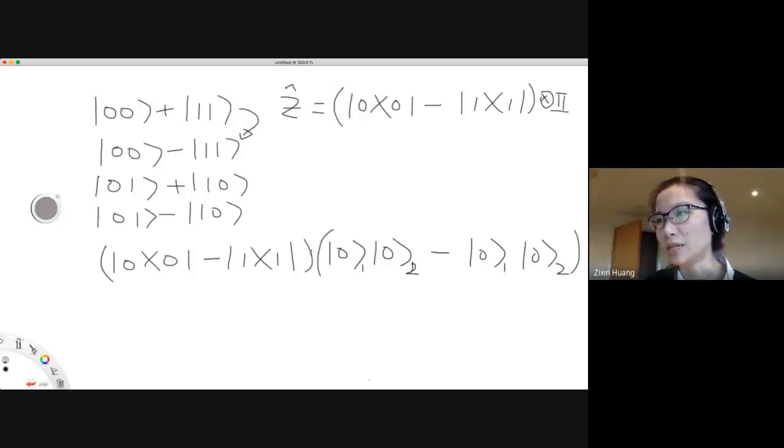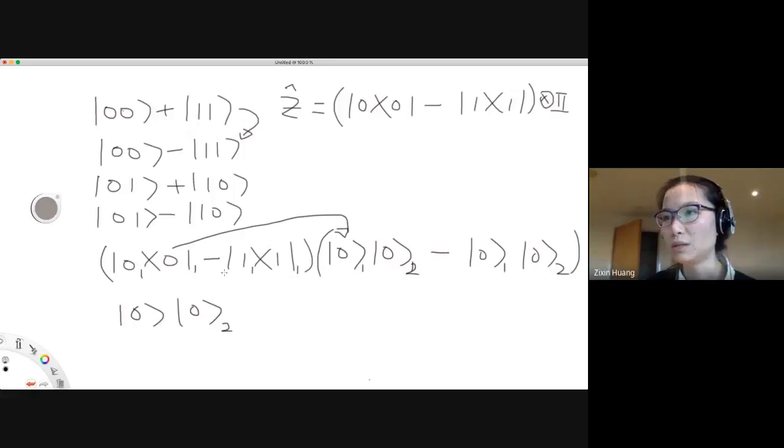I'm also omitting the identity, which just means that it passes straight through the second one. So these all act on qubit 1.